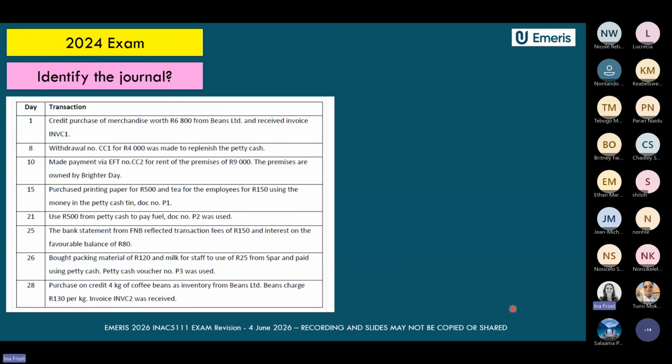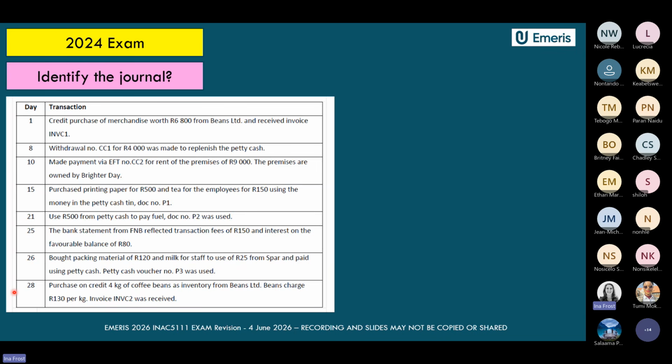Now let's go back to that 2024 exam question. So this is the question that was given to the student. The student was given a number of transactions that took place during the month. Because remember, a journal is prepared per month. So these transactions happened on different days during that particular month.